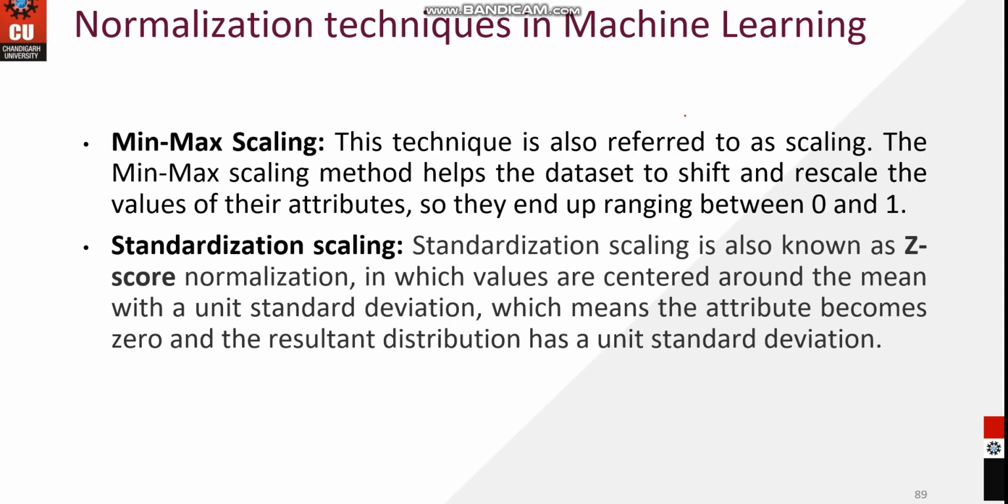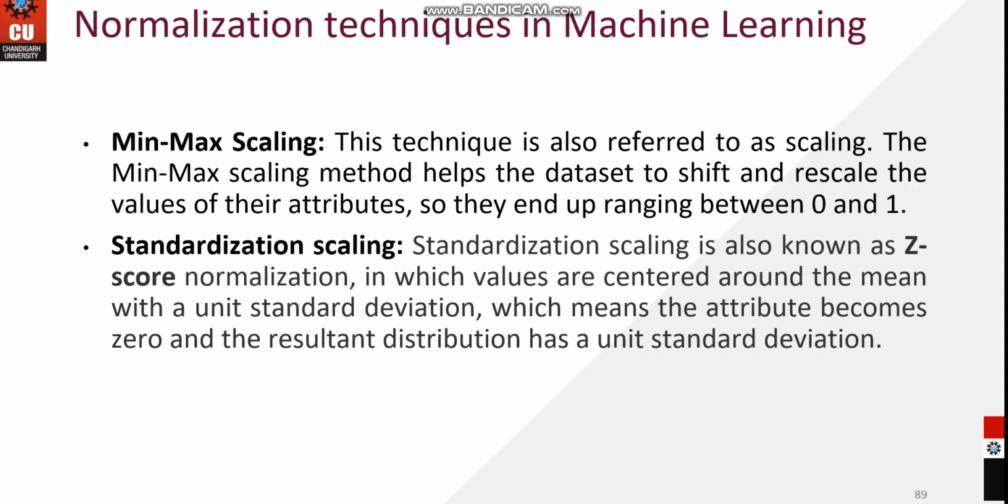Normalization can be done in one of two ways. The first one is min-max scaling, which shifts and rescales the data values of the attributes so that they range between 0 and 1.